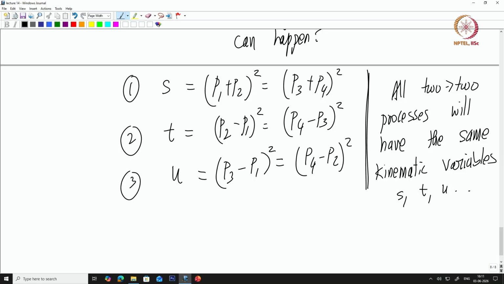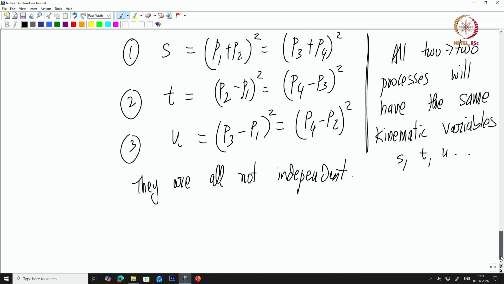And one interesting thing is they are not independent. These kinematic variables S, T, U are not independent, and as you can see S plus T plus U is equal to 4m square, assuming all masses are equal.